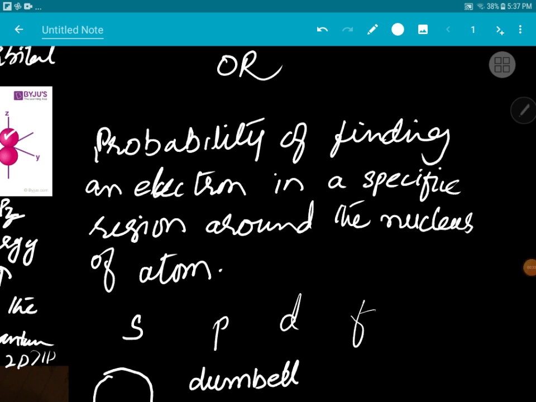There are four different kinds of orbitals denoted by s, p, d and f. They have different shapes, and in our syllabus we consider s, p and d orbital shapes.